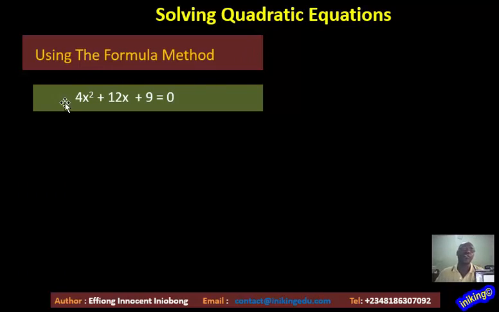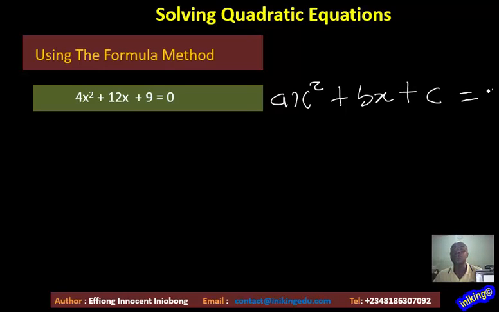Now the first one says 4x squared plus 12x plus 9 equal to 0. How do we go about solving this? First and foremost, we compare our equation with the general form ax squared plus bx plus c equal to 0. From here we can see that a is 4, b is 12, and c is 9.